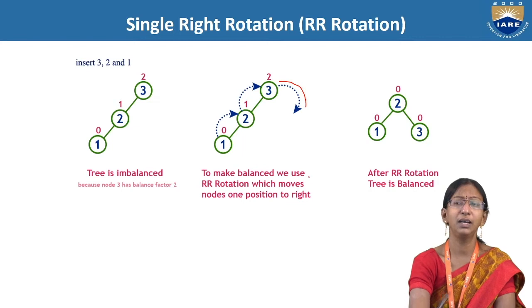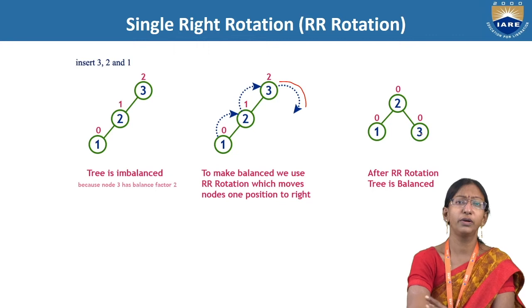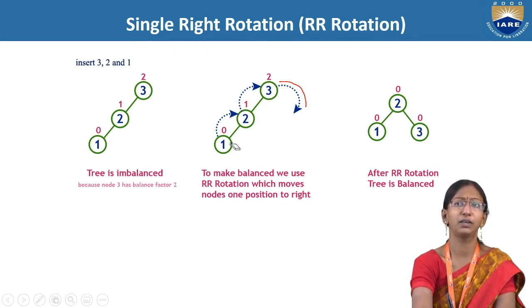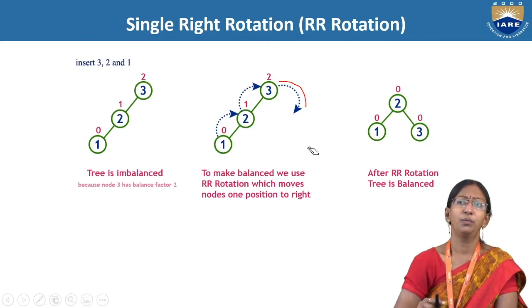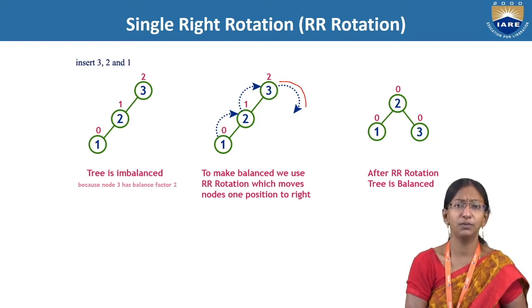When you do that, so when you forcefully do that, 3 is going to come as the right child of 2. Have a look at this one. So 3 is going to go as the right child of 2. Now again calculate the balance factors of 1, 2 and 3. As 1 and 3 are leaf nodes, their balance factor will be 0.